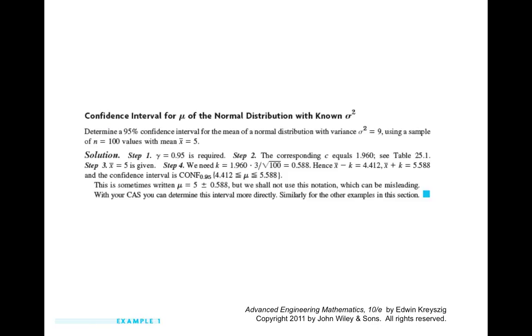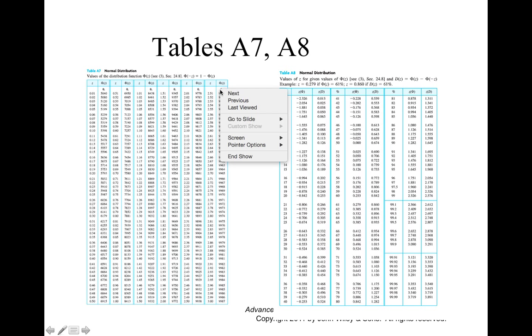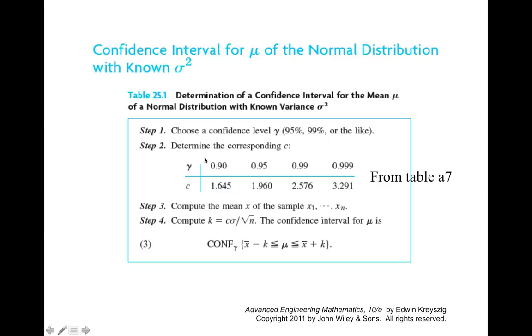So what we don't know then is what are those ranges. So let's go back and look at that little table. That's not this one, but the small one. Let's look at this one. So we're going to come here to 0.95 and we're going to see that our c is 1.960.